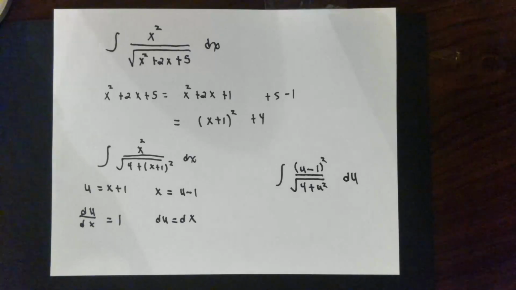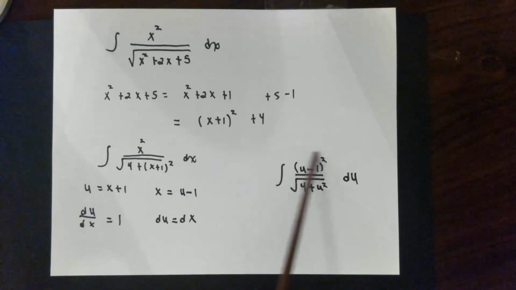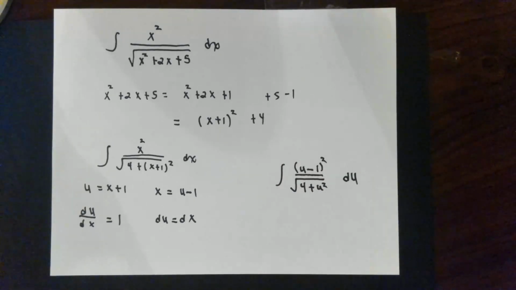This is now in the standard kind of trig substitution format that we've been thinking about. Obviously, I'm going to let u equal 2 times tangent of theta and express everything else in this integral in terms of theta.